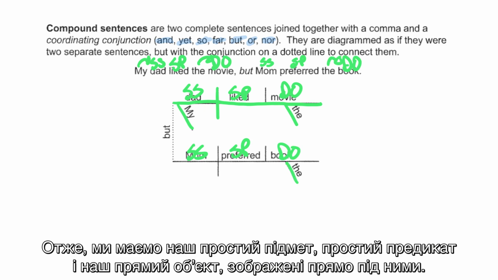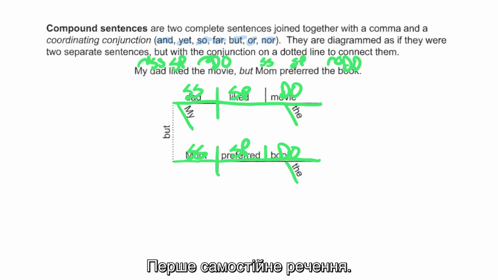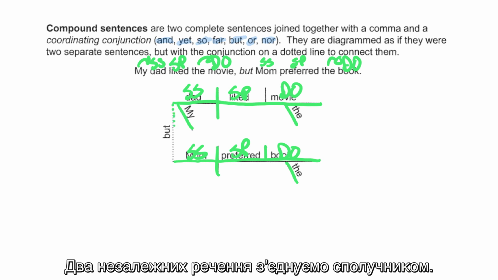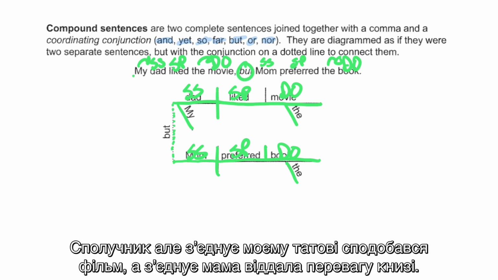So we have our simple subject, simple predicate, and our direct object diagrammed straight underneath the first independent clause. We connect the two independent clauses with the conjunction. The conjunction but connects my dad liked the movie, and it connects mom preferred the book.